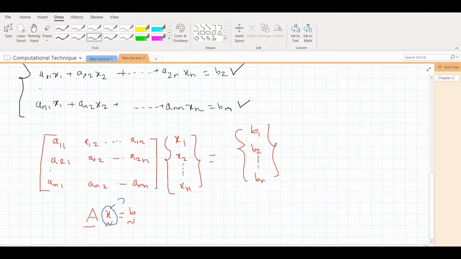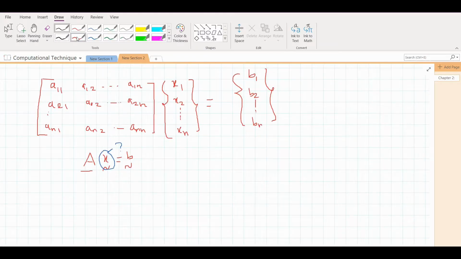There can be one single solution. For example, if you have two linear equations, which when you plot in your XY graph, may be something like this. First equation may be like this, second equation may be like this. So they will only have one solution like this. So these are known as equations having unique solutions. They only have one solution.